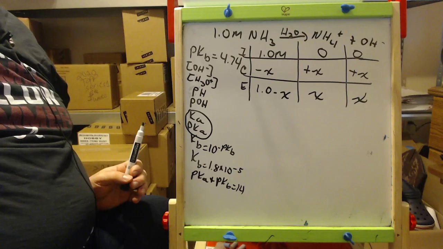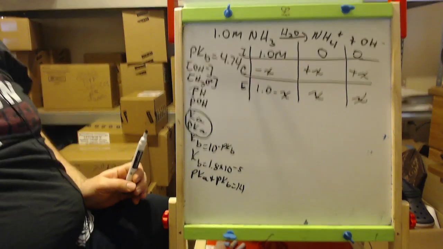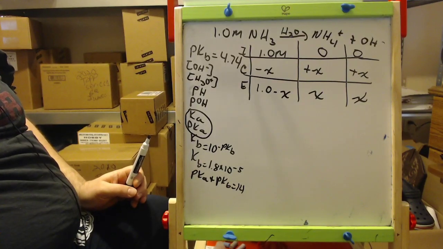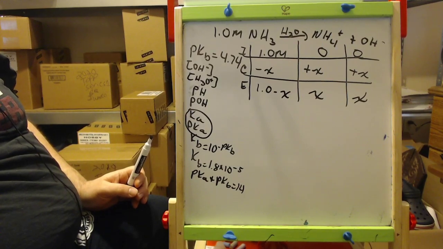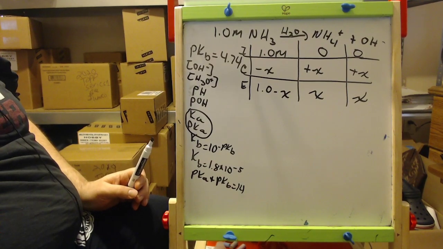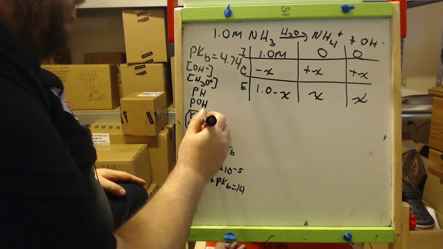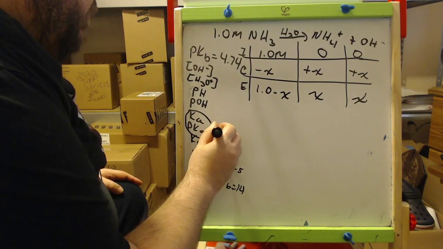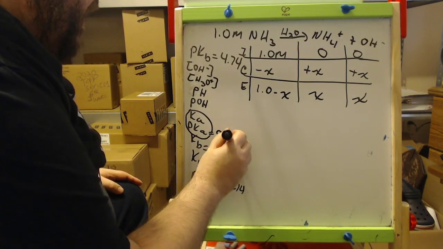Okay. So, 14 minus the 4.74, 9.26 is my Ka, or pKa.